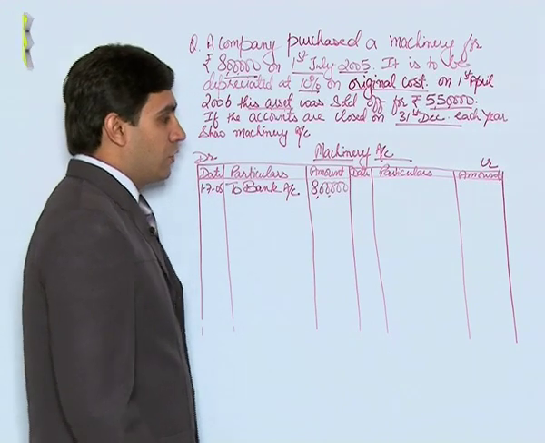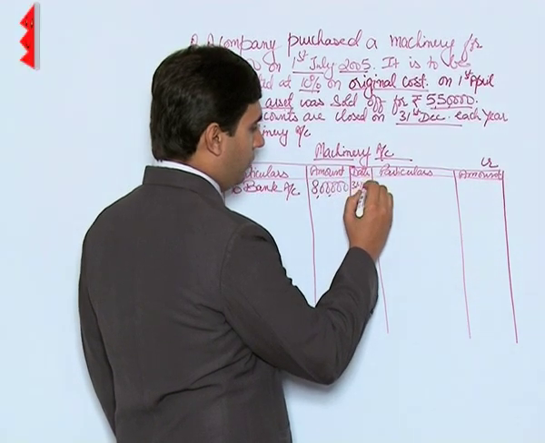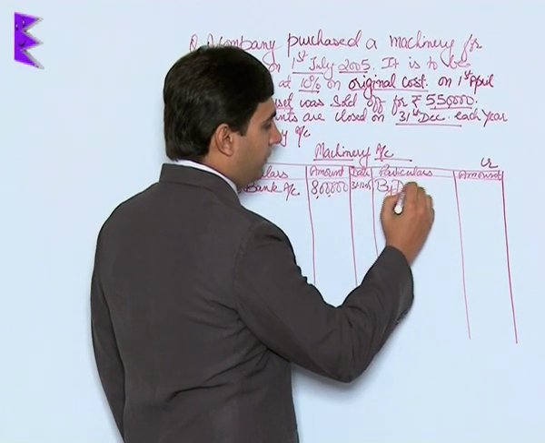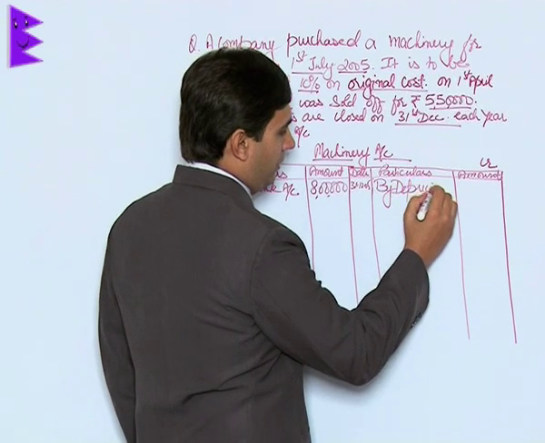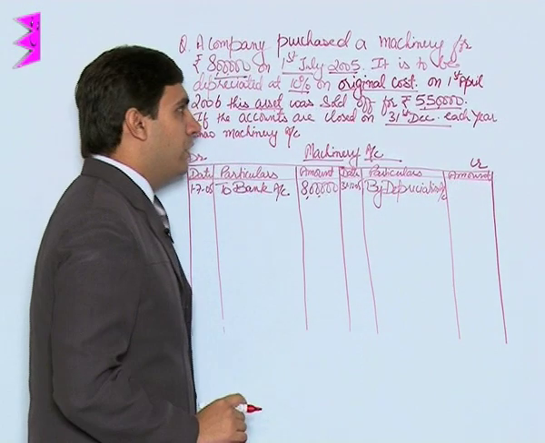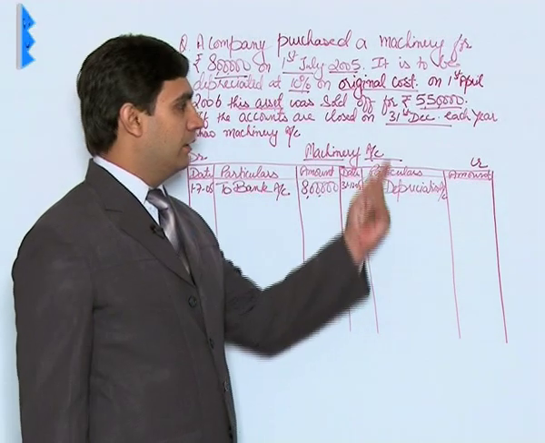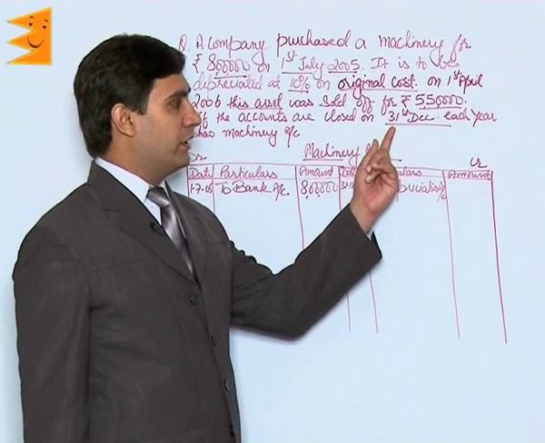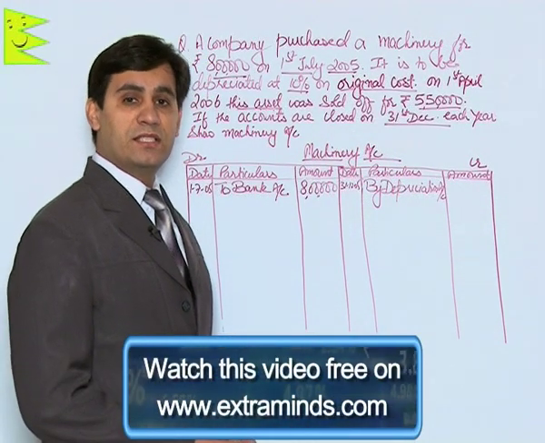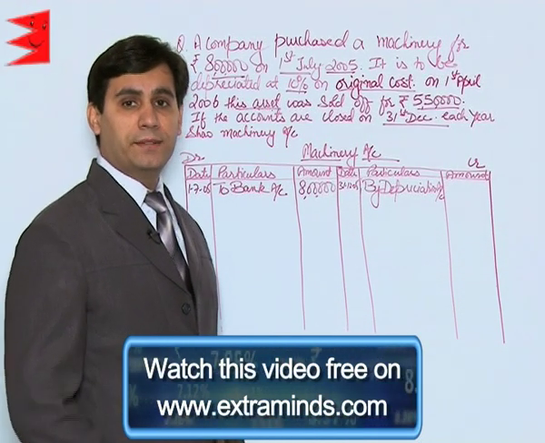A careful look at the question will show that in 2005 there is no other recording or posting to be done. So at the end of this year, that is 31/12/2005, depreciation would be charged, by depreciation. Now students, just to recall, since this asset was purchased on 1st July and the closing date is 31st December each year, this asset was used for 6 months, July till December.